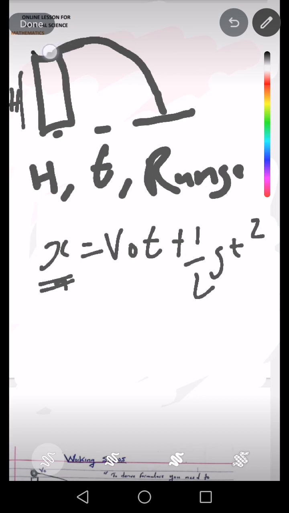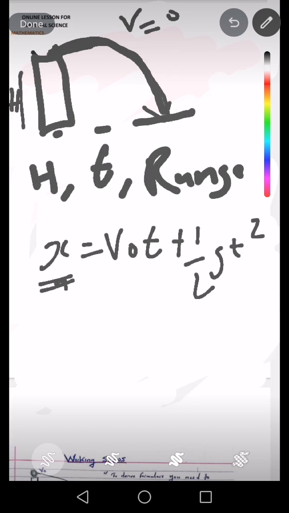So the initial velocity is 0. At the start the object will not move, so the initial velocity is 0 until it reaches the final. If you are holding the ball, it is not moving, so velocity is 0.